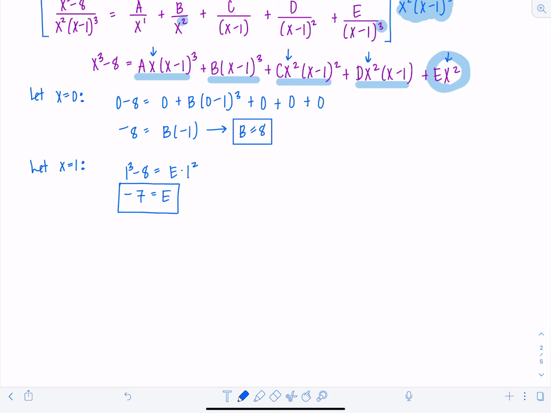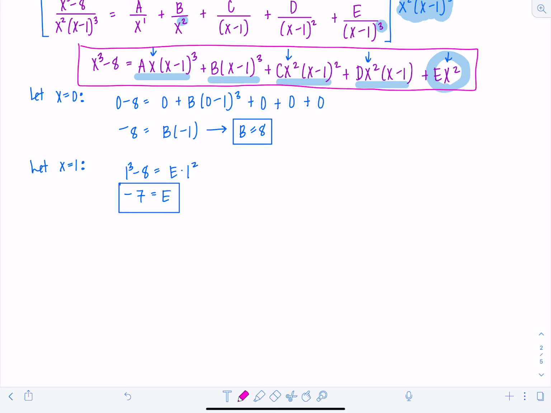Okay, now at this point, there's nothing else I can substitute in to make things cancel out or equal 0. So I'm going to put these values back in. Let me box it so you can see which one we're going to reference. We're going to substitute these values of b and e in here, and then I'll show you what to do.